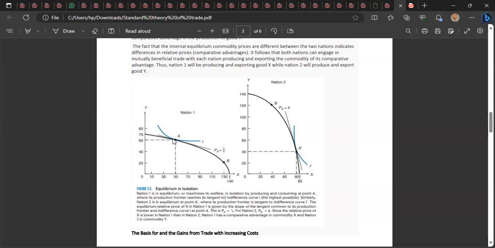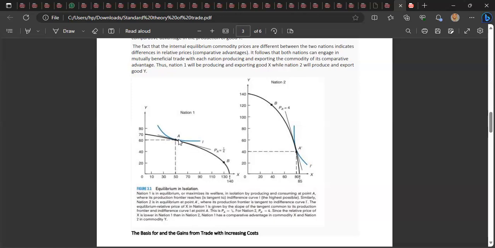Where these two coincide, where they touch each other, that's the highest point where satisfaction is maximized, because this is a combination where a consumer is satisfied. And in terms of production, the PPF, you are efficient if you are producing on this line. So this is the highest possible production level that a country can reach.